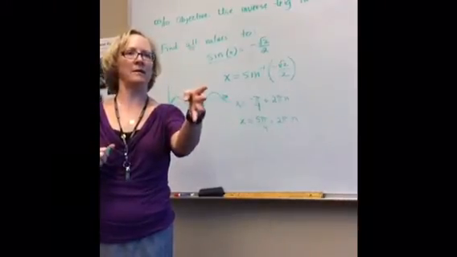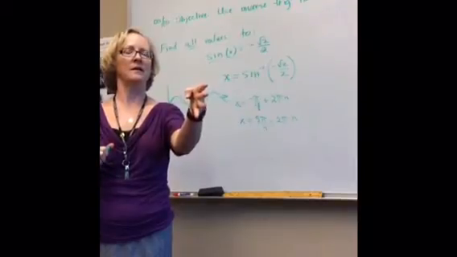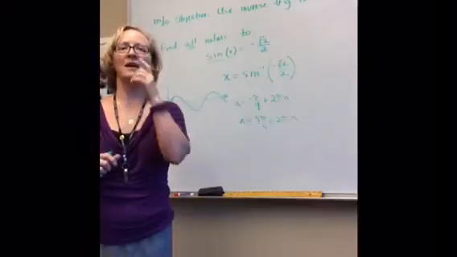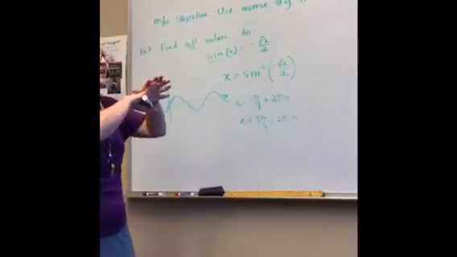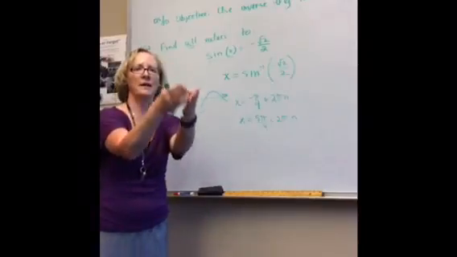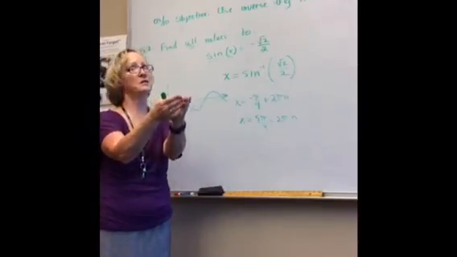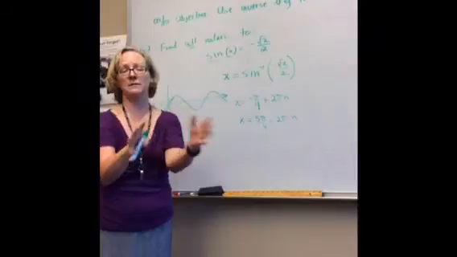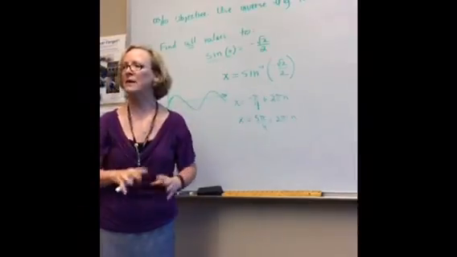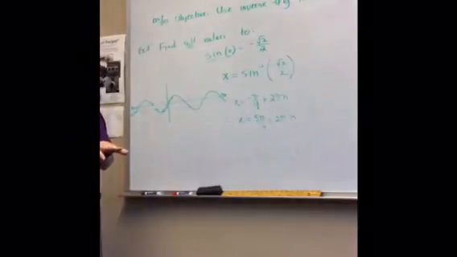And why, Carolyn? Tangent and cotangent have a period of pi. Correct. In general, I'm going to say her answer is correct. There are situations where it's not correct, but we'll get to that in a little bit. Is everybody groovy? Okay.